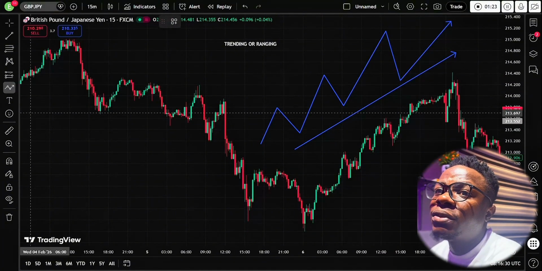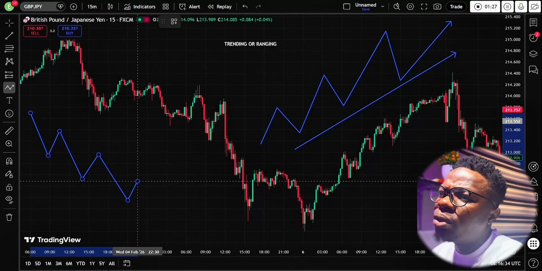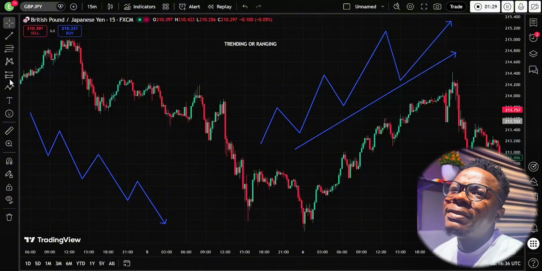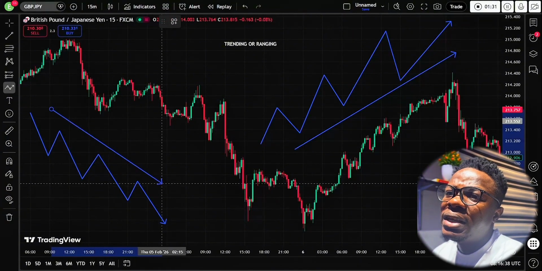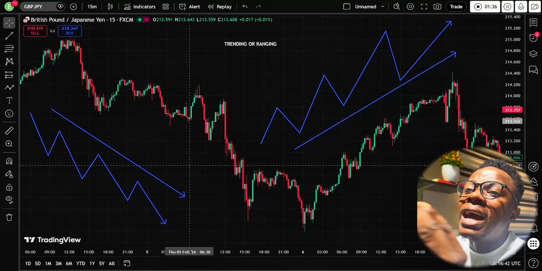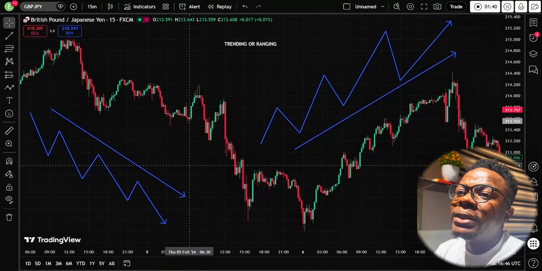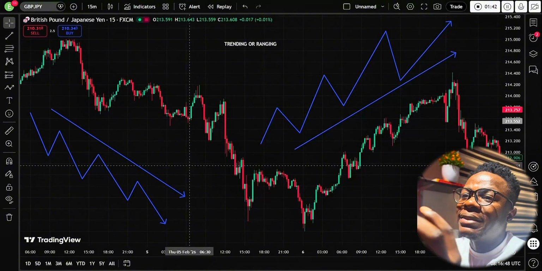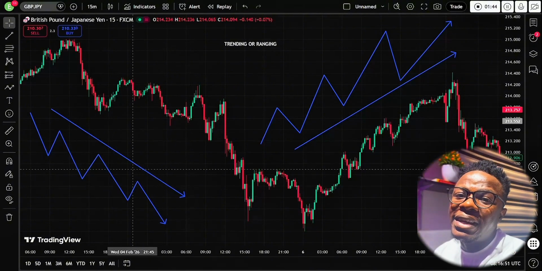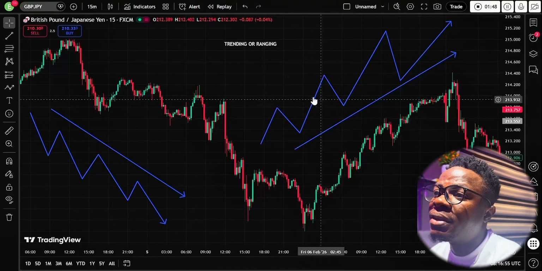Now, the reverse is the case whenever you see a market making up and down, but going towards the downside. You can clearly see that the overall sentiment of this is downtrend. So you call it a downtrend, right? It is still going down and up, but the overall market is going downward. So this is a downtrend and this is an uptrend. That is for a trending market, right?